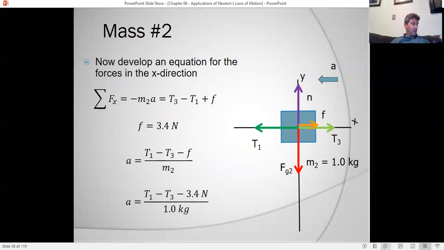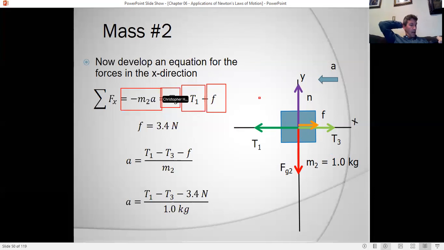So for the sum of the forces on M2, T3 pulls to the right, T1 pulls to the left. The frictional force is also pulling in the x direction. I add them all up. They're equal to M2A. Got to be a little careful here. T3 is pulling in the positive direction.